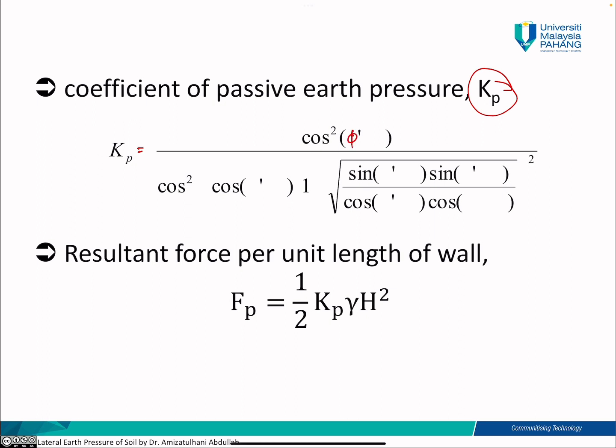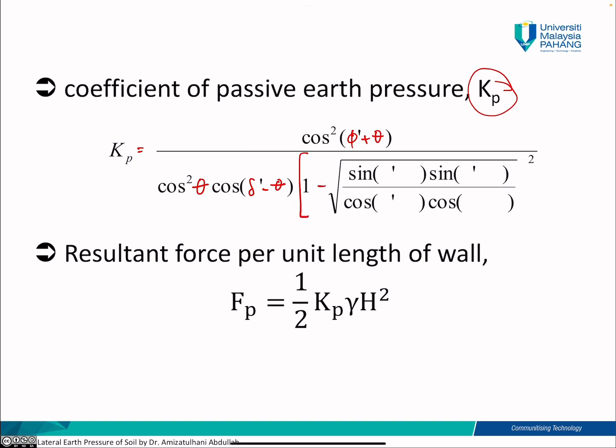Kalau Kp, you will go for the phi plus theta, right? And then cos theta times cos delta, but now it's minus theta.